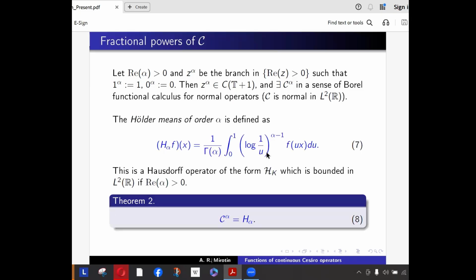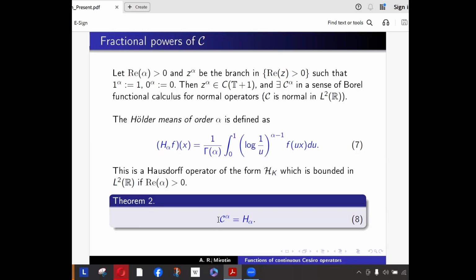If we consider the following operator, the so-called Hölder mean of order alpha of the function f, given by formula 7, then of course H alpha, this Hölder mean, is a Hausdorff operator of the form Hk. This operator is bounded for all alpha with positive real part, and the following theorem 2 holds.